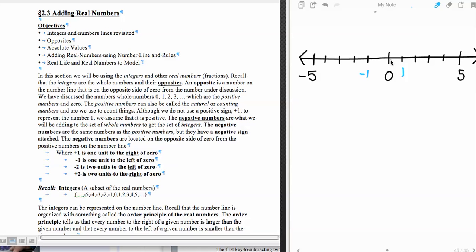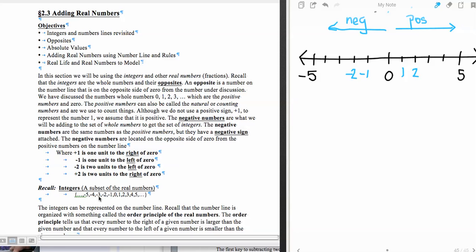And positive 2 is 2 units to the right, so here, and negative 2 is located 2 units to the left of 0, a negative 2. So we have a negative direction this way, and then we have a positive direction moving in this way. And those are our different ways of discussing on a number line how we move about.